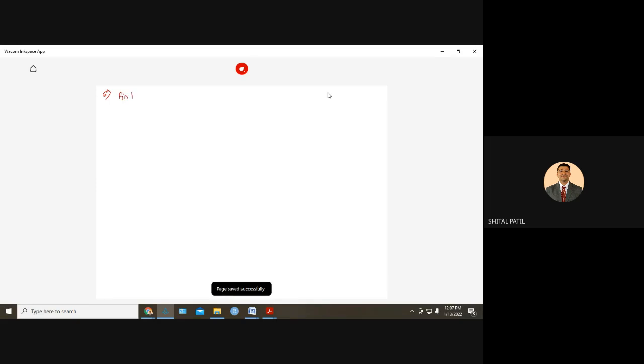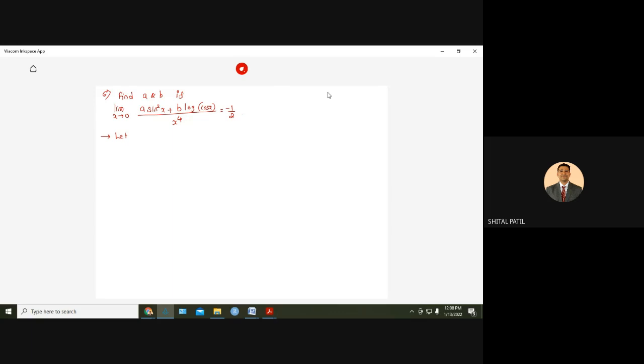Find A and B if the limit as x tends to 0 of (A sin square x plus B log of cos x) divided by x raised to 4 is equal to minus half. Okay, so solution.